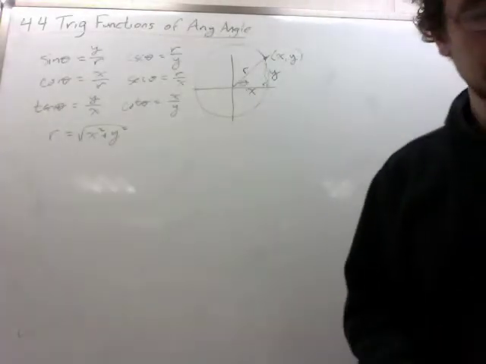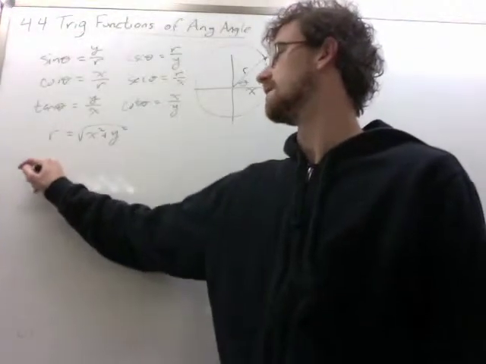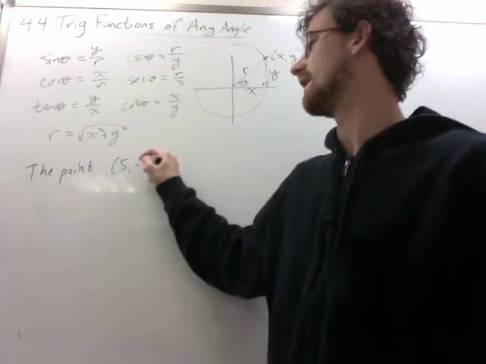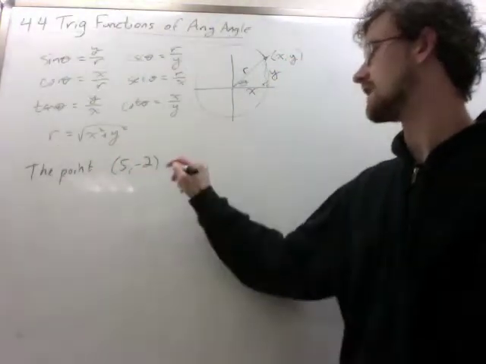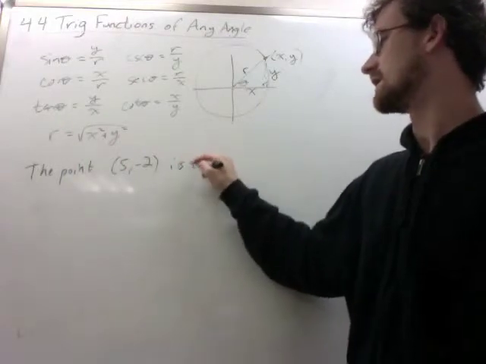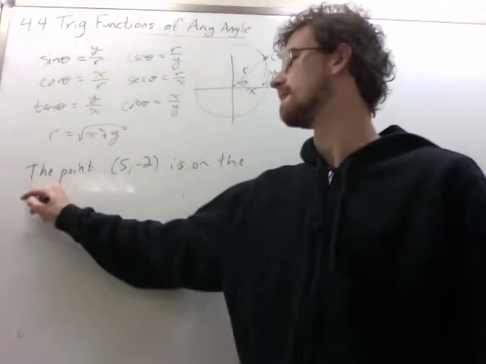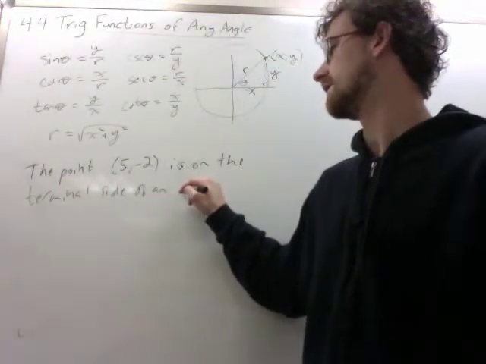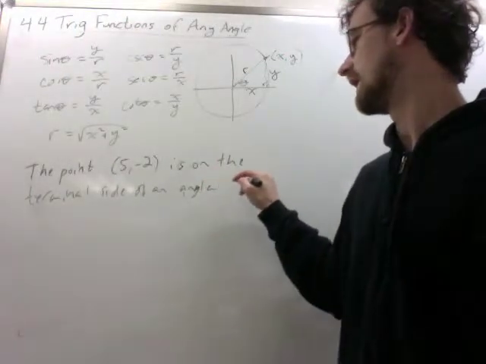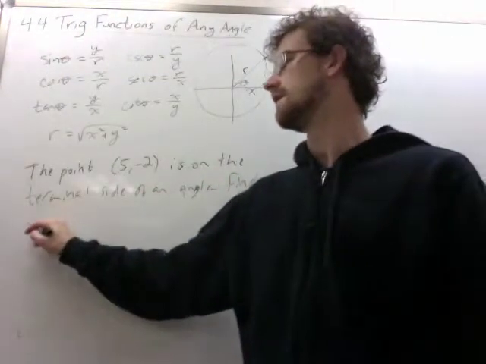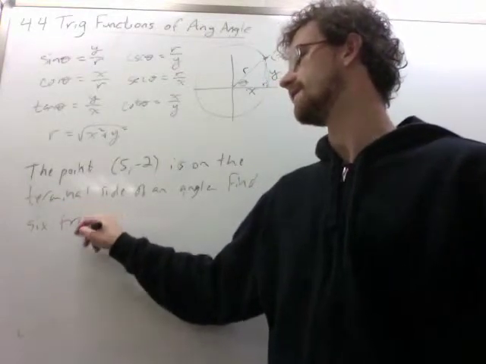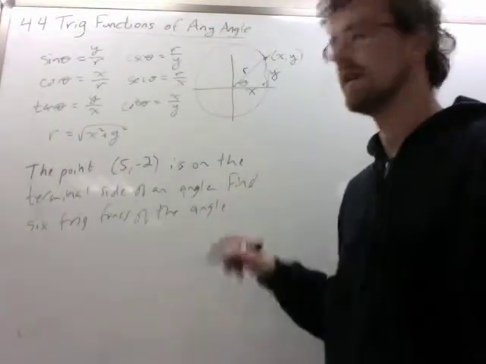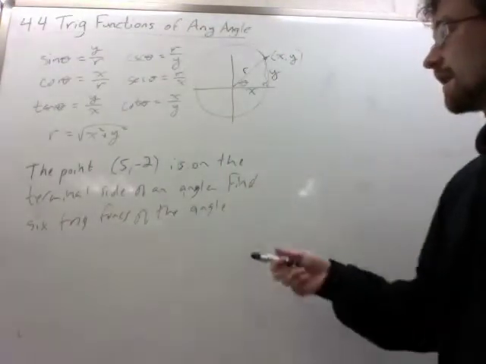So if I give you a problem like, I say the point 5, -2 is on the terminal side of an angle, and I want you to find the 6 trig functions of the angle. Then we can use these definitions to figure out what those are.